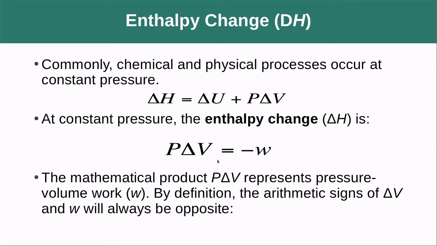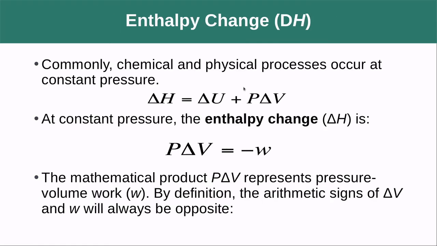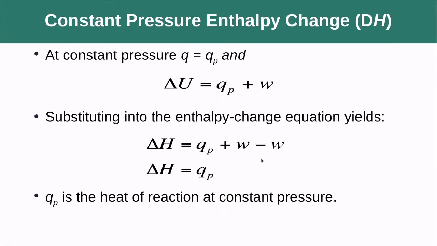That's important, because what we're going to do next is take this delta U and substitute in our original definition of Q_P, heat at constant pressure, plus W. And then we're going to substitute in for P delta V this negative W. What we're going to see is that work cancels, and the change in enthalpy is equal to the heat either added or released from the system at constant pressure.